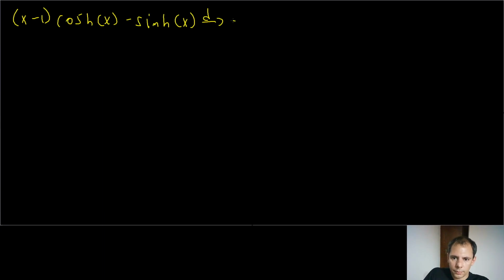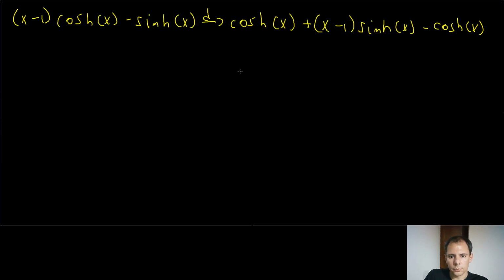So it'll be the hyperbolic cosine of x plus x minus 1 times the hyperbolic sine of x, minus the hyperbolic cosine of x.